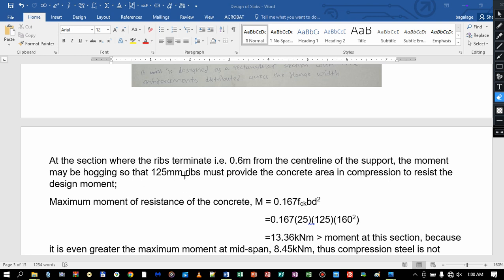Since it's a support, the moment may be hogging, such that the ribs down are in compression. Yes, if the moment is hogging, it means the ribs are in compression.